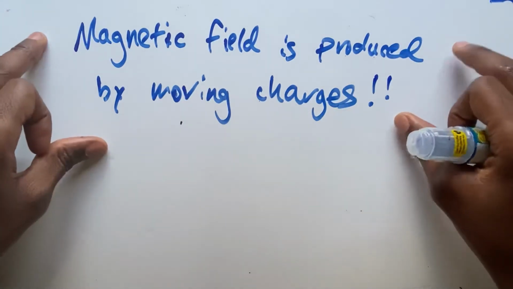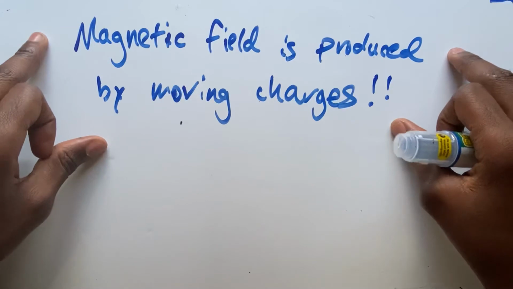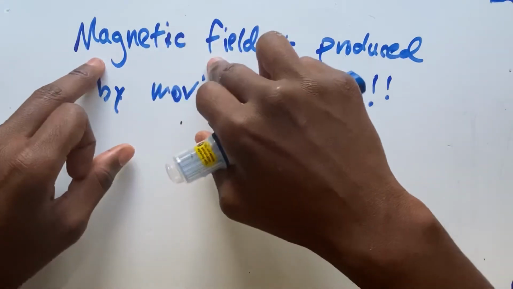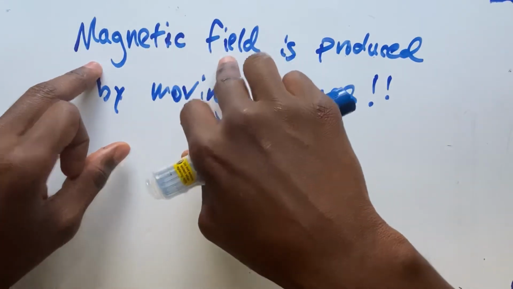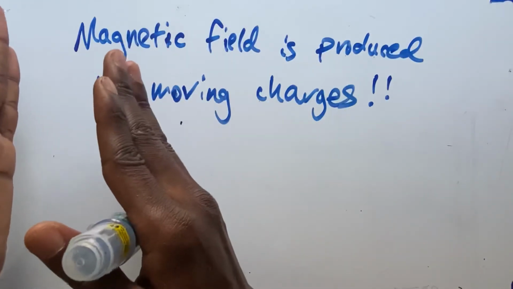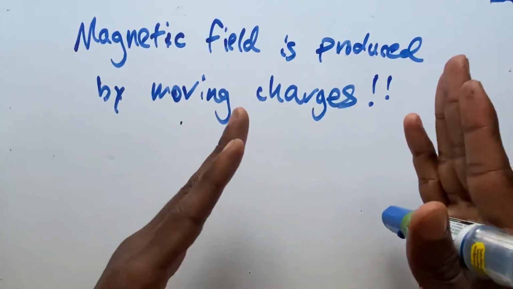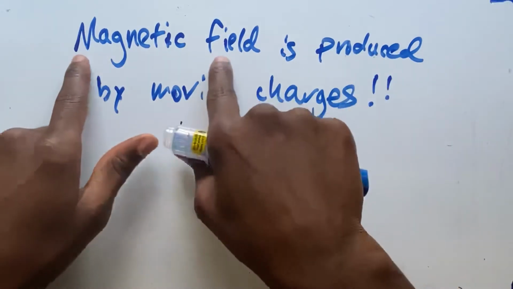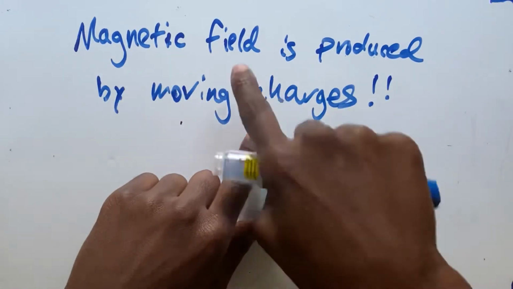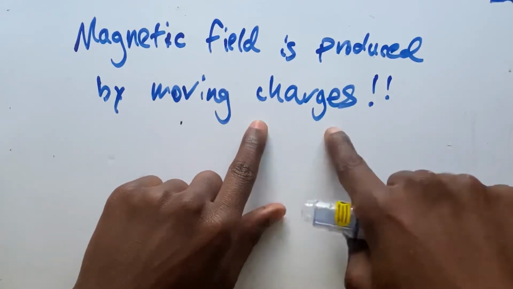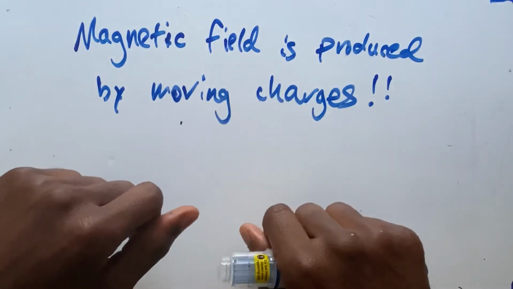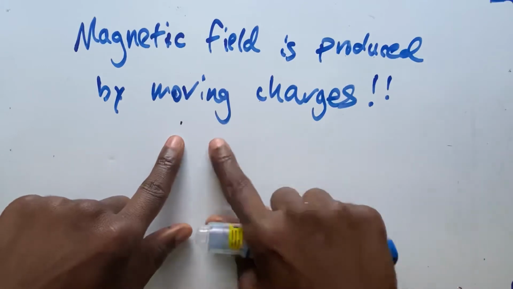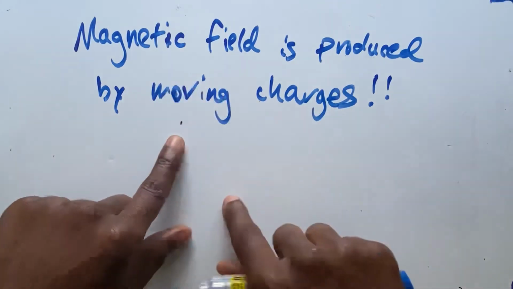This here is a big deal, because we once thought magnetic fields or magnetism was a whole separate thing from electricity. But once we found out that charges can produce magnetic fields, there must be some link between electricity and magnetism. So a moving charge can produce a magnetic field.